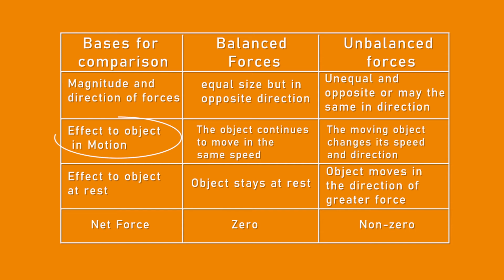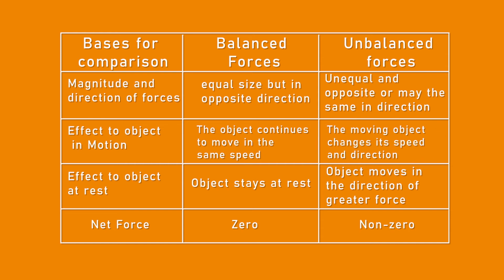For the effect to object in motion, if balanced forces are applied to an object in motion, the object continues to move at the same speed. But if unbalanced forces are applied to an object in motion, the moving object changes its speed and direction.